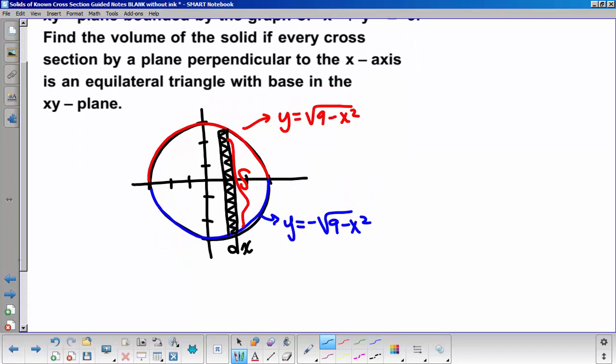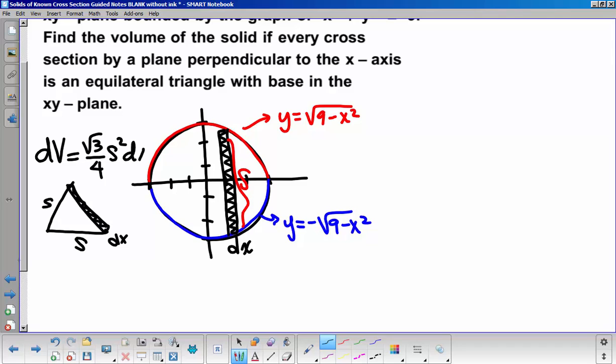One slice for an equilateral triangle is dV equals root 3 over 4 s squared dx. So what is s functionally?